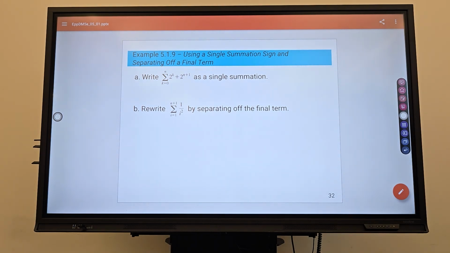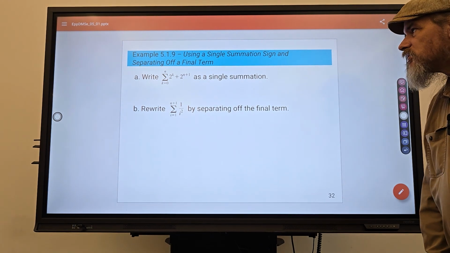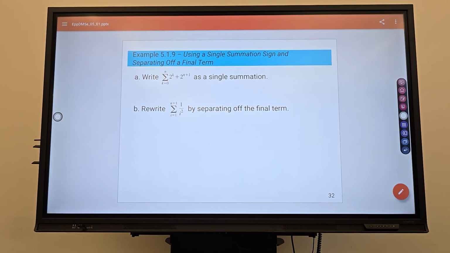Okay, so, using summation sign and separating off a final term, write the summation of k equals 0 to n of 2 to the k plus 2 to the n plus 1.